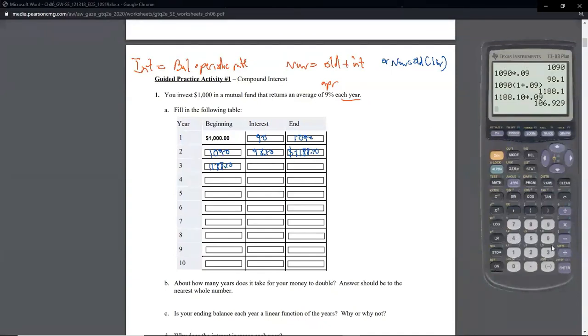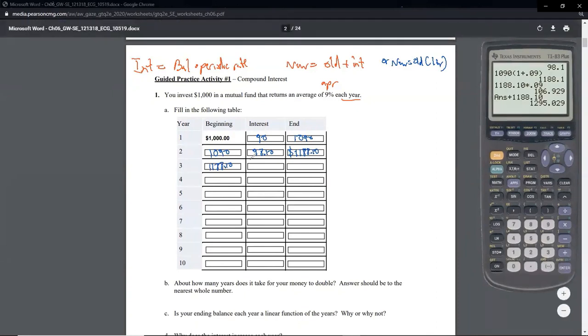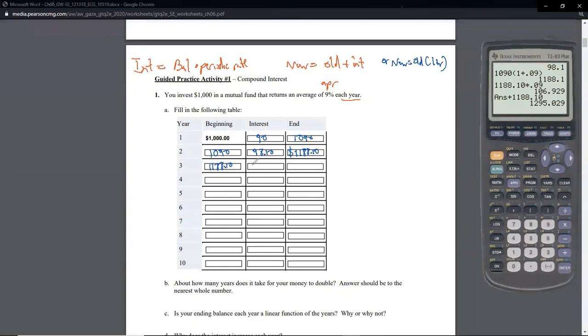And then you can add that to the 1188.10 to get the new balance, which is $1295.03. And we're going to round to the nearest penny, so 0.93 and 0.03 for those problems. So let's go back and annotate. Write this last one. 106.93, and then for an ending balance of 1295.03. Sorry if that 5 looks a little ugly, but you can see it on the calculator.